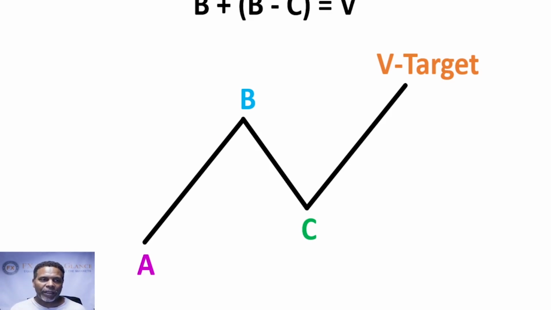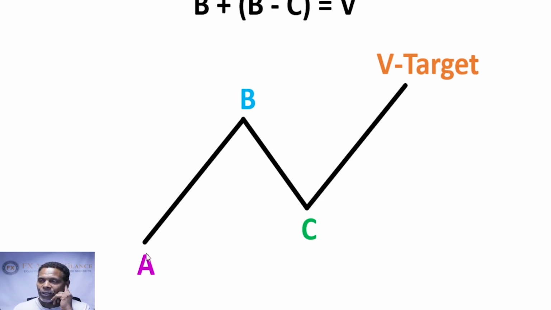Next is going to be this V target. All right. So basically what you're going to see here is you're going to also shoot for a V level. So you're going to be shooting for 4 levels in the market. You're going to look for the market to move to 4 levels. And this is going to be another level. So you had the E level. Now you have the V level or the V target.